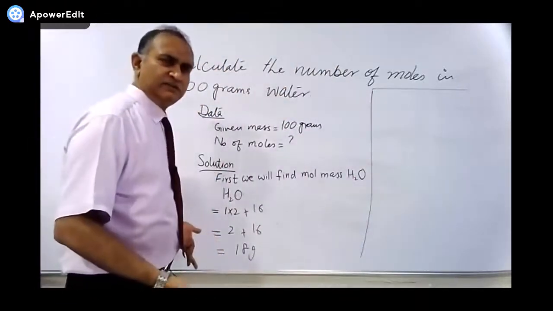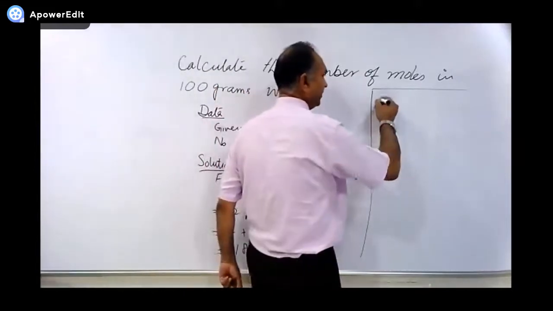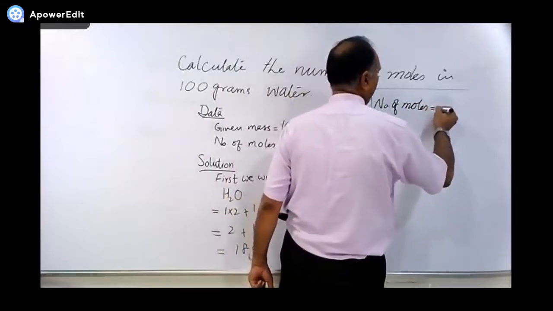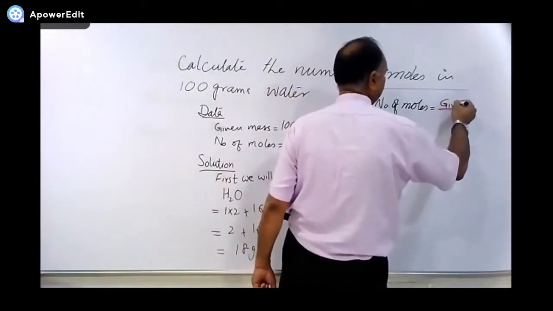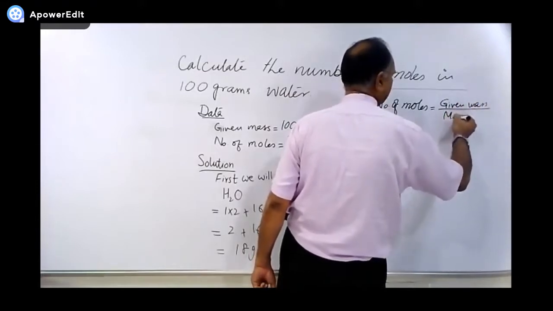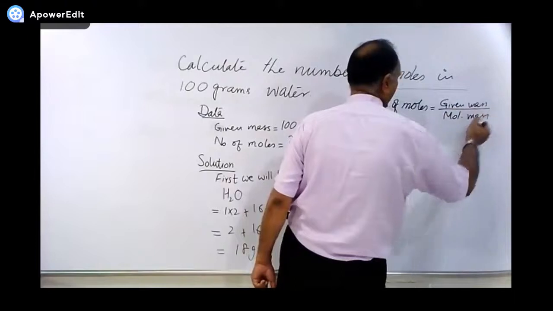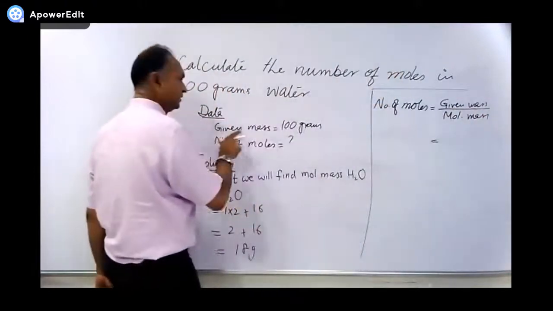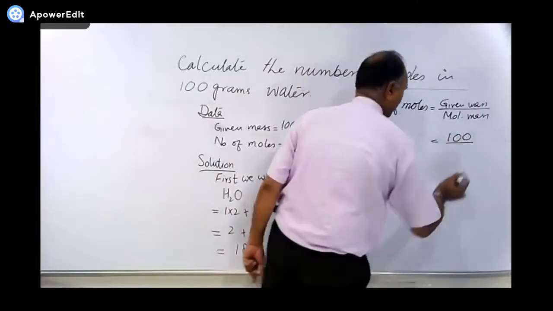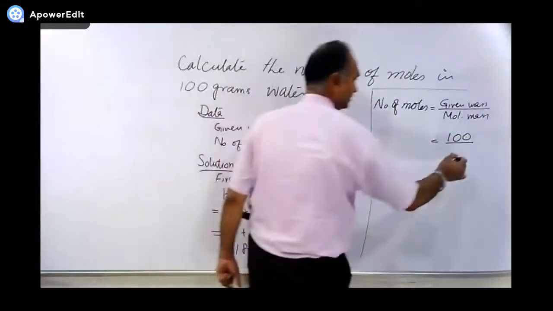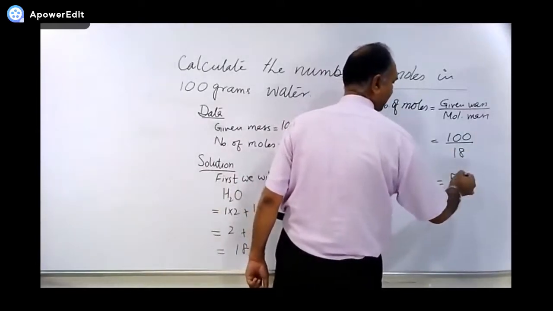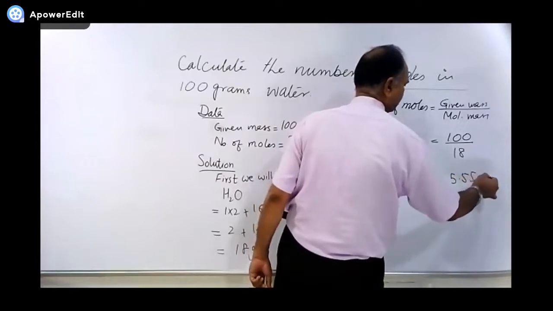Nothing is left. What is the formula? Number of moles is equal to given mass upon molar mass. What is the given mass here from the data? 100. What is the molar mass here? 18. The answer is 5.55 moles.